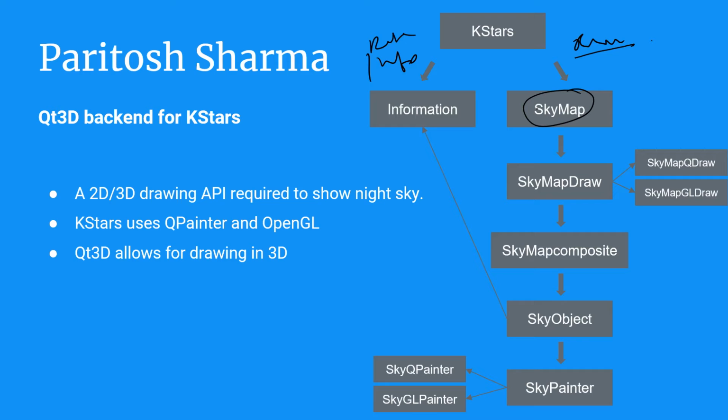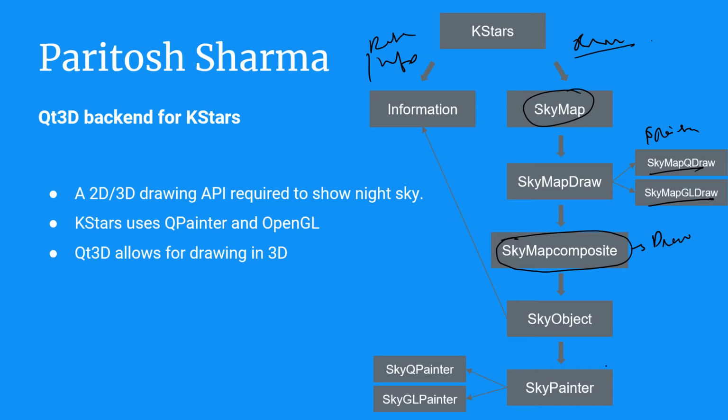SkyMap can use either SkyMap QDraw or SkyMap GLDraw. QDraw is the QPainter based backend widget, and GLDraw is the OpenGL based backend widget. Again, we have something known as the SkyMap composite, and this is where everything is drawn.